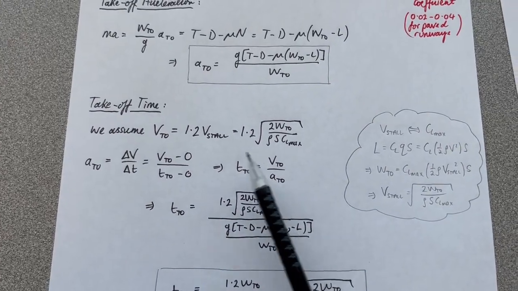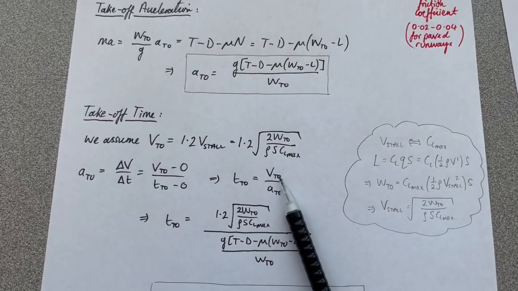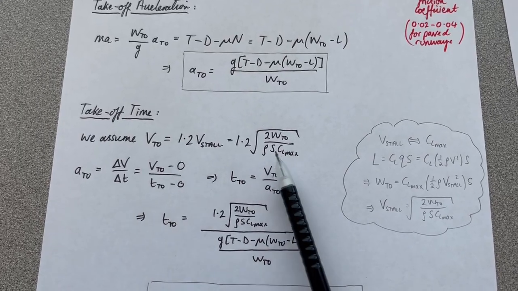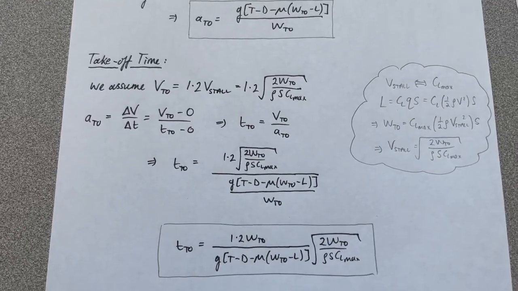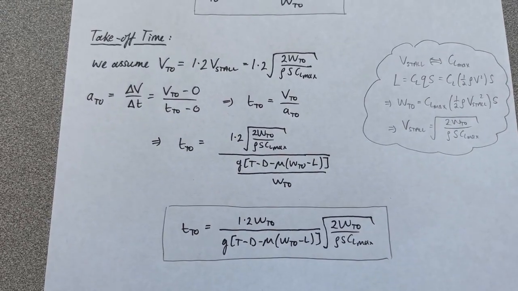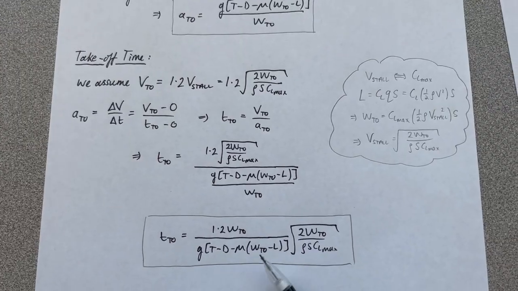So now that we have this, we can calculate the time required to take off just by plugging in our expressions for VTO from here and ATO from here, which is what I've done there, and rearranged it to get this.